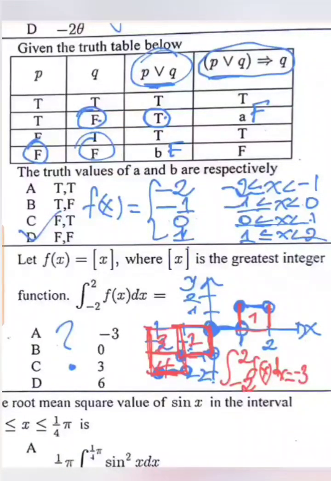We have 3 squares there, so -3 square units plus the 1 square that is above the x-axis, making it -2 as the resultant area, which then corresponds to the integral of the function from -2 to 2. You can see again that the area is -2, as was confirmed in the first method.